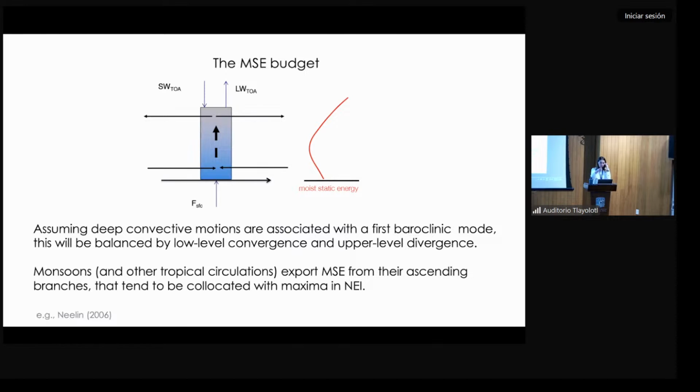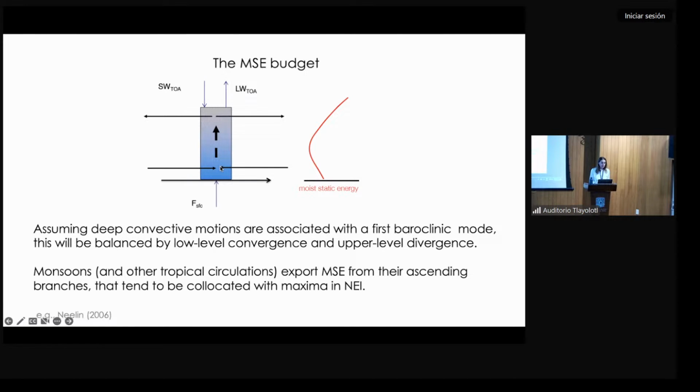this is where we were talking about the fact that these circulations are energetically direct, because moist static energy has this structure by which values are lower in the lower layers and higher in the upper troposphere.